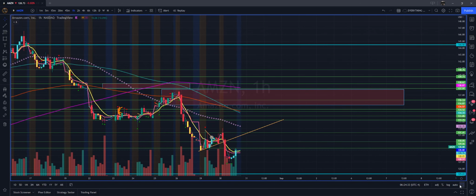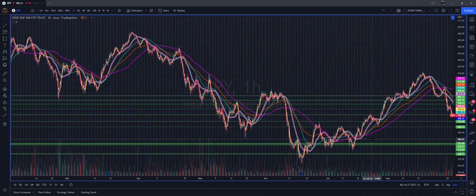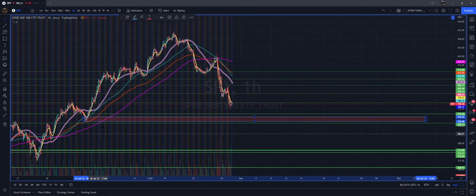Okay, now we'll go to Microsoft. There's nothing significant over here. Might see a demand zone right here, but it's pretty insignificant because the impulse is not that big, right?